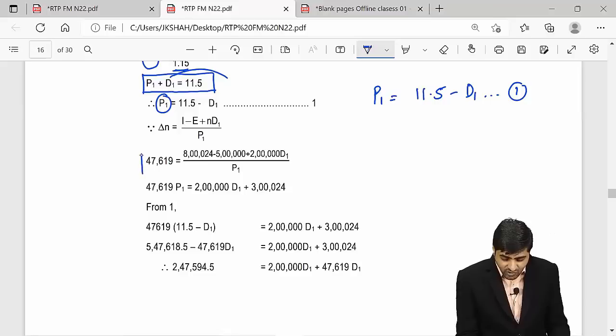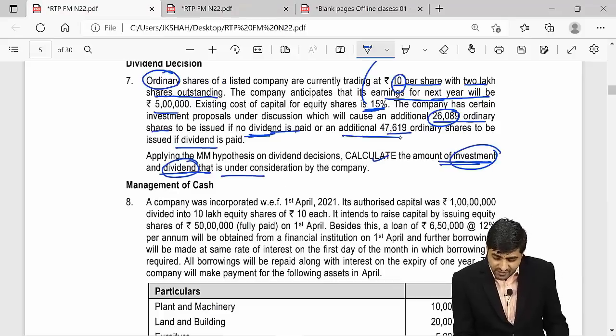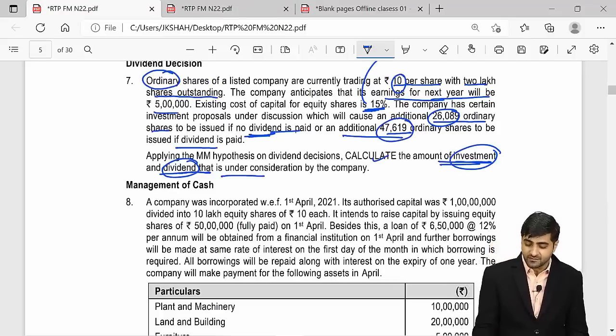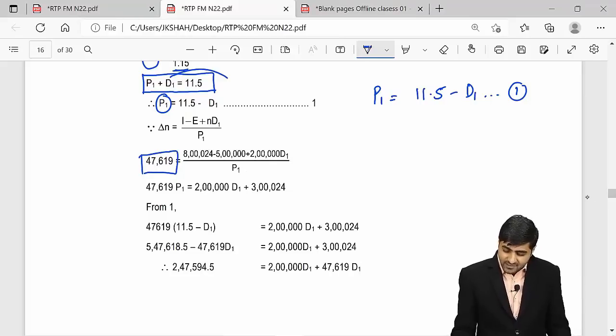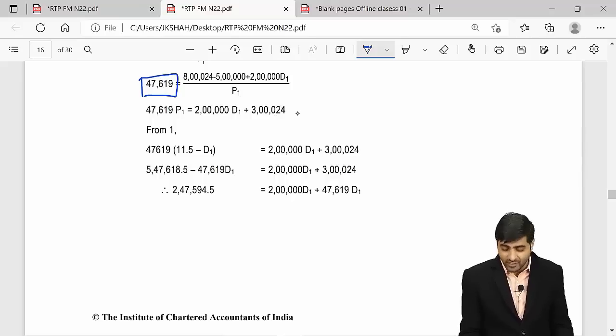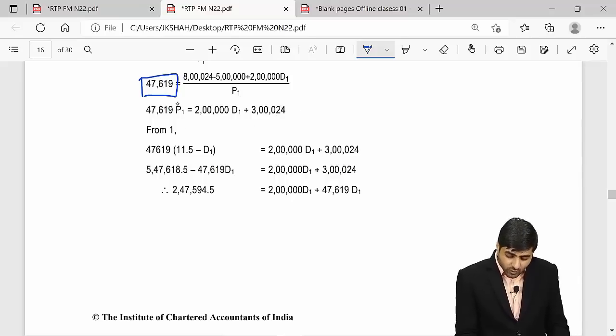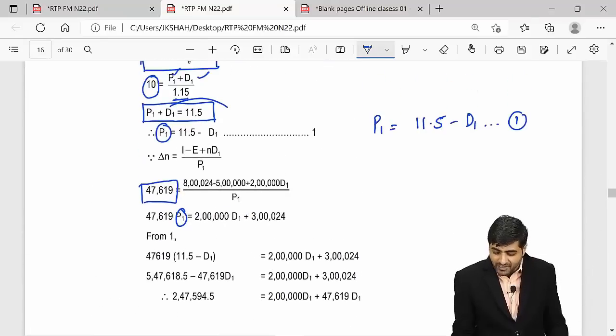Now guys, we have change of N as 47,619, which is given to you in the question, that if dividend is paid, additional shares will be 47,619, and you have your I available, you have your earnings available, and ND1 will be 2 lakhs into D1, and divide that by P1. So guys, can I put it like this, 47,619 into P1 will be 2 lakh D1 plus 3 lakh and 24 rupees.